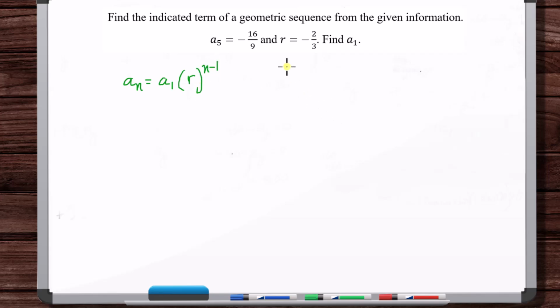So what do they give us here? Well, we know that r is equal to minus 2/3, so let's write a sub 5 here. We substitute n is equal to 5. We don't know a sub 1, but we know r, so it's 5 minus 1, and they give us a sub 5.